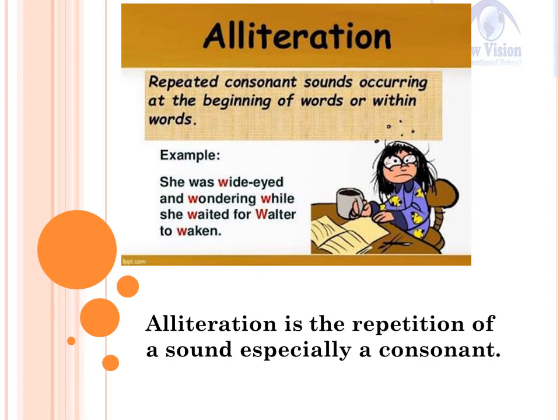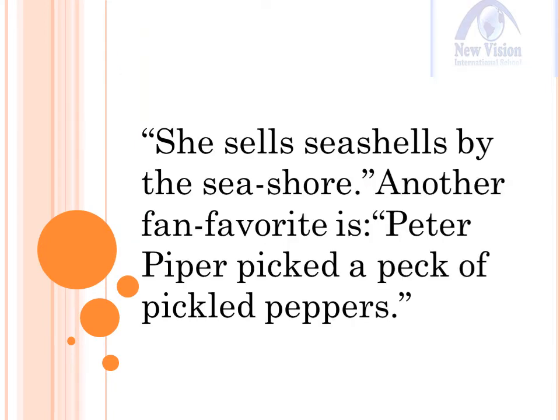Example: she was wide-eyed and wondering while she waited for Walter to waken. Example: she sells seashells by the seashore. Another fan favorite is Peter Piper picked a peck of pickled peppers.